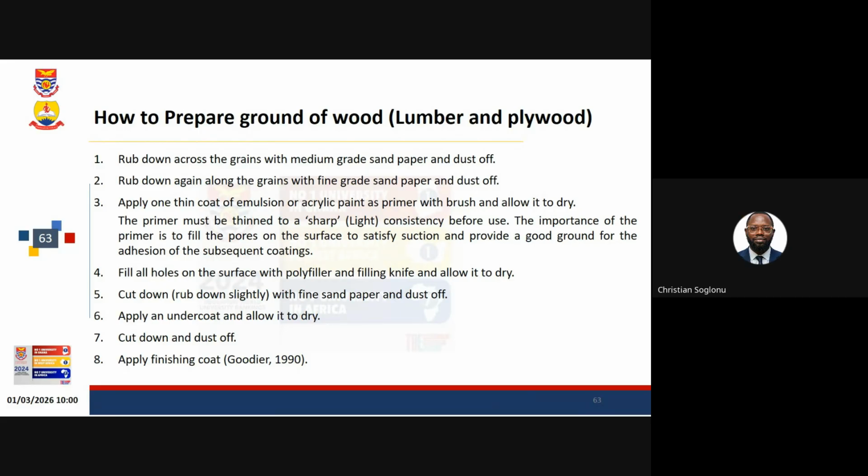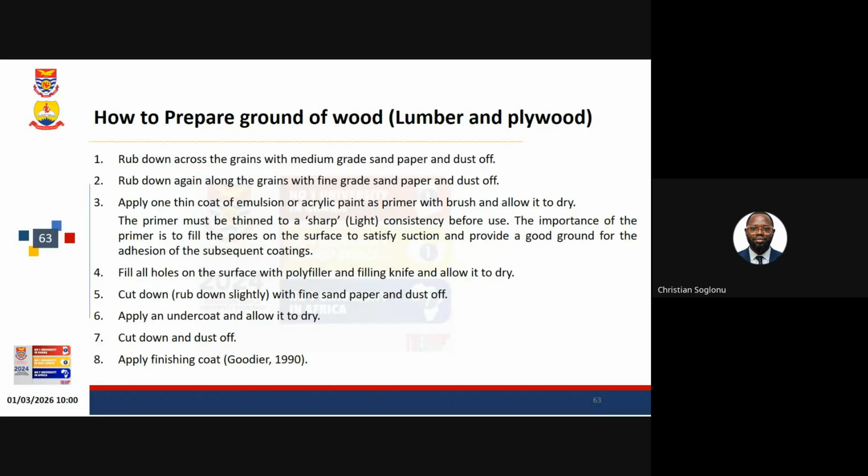Yes, they are trying to confuse you here. They are along and they are across. But what I know is you follow the direction of the grain. You don't go against it. You don't want to spoil the grains on the wood. Do you understand? Yes, sir.